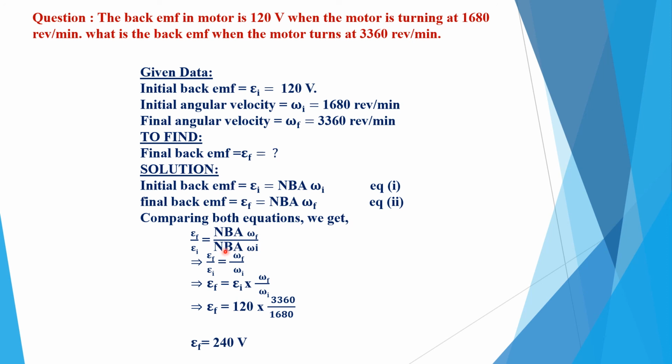NBA cancels with NBA and we get final back EMF is equal to initial back EMF into omega sub F divided by omega sub I. Putting all the values, we get final back EMF is equal to 240 volt.